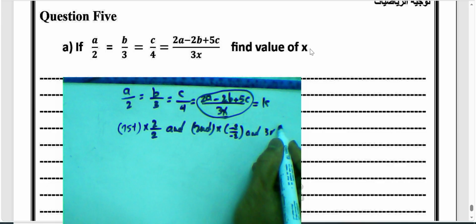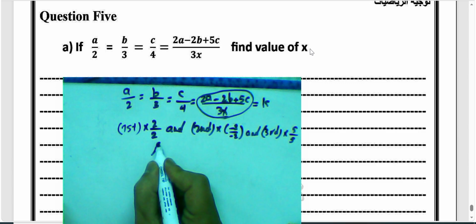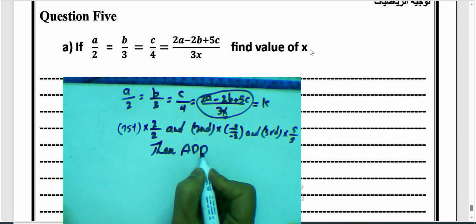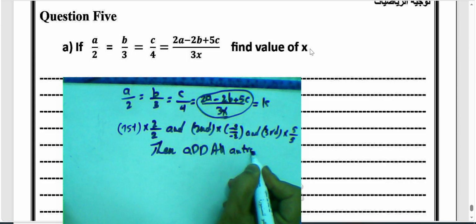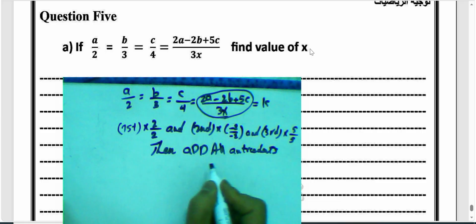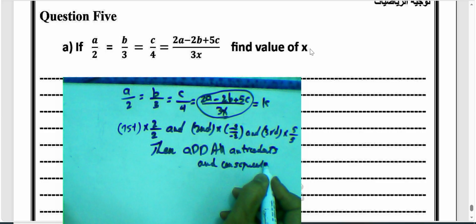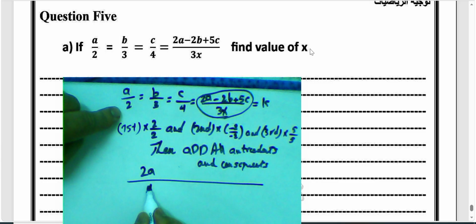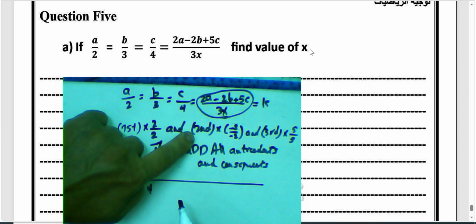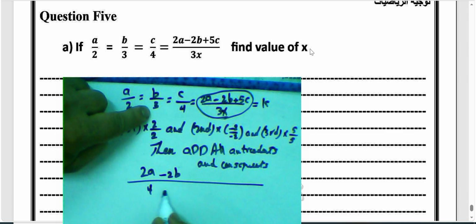Then add all antecedents and consequents of all fractions. In the first, multiply numerator and denominator by 2: 2a over 2 times 2, which is 4. Then the second, multiply by -2, numerator and denominator, right? -2b and -6.